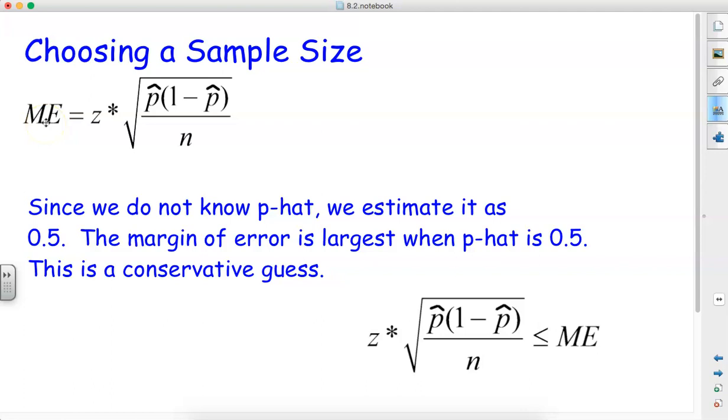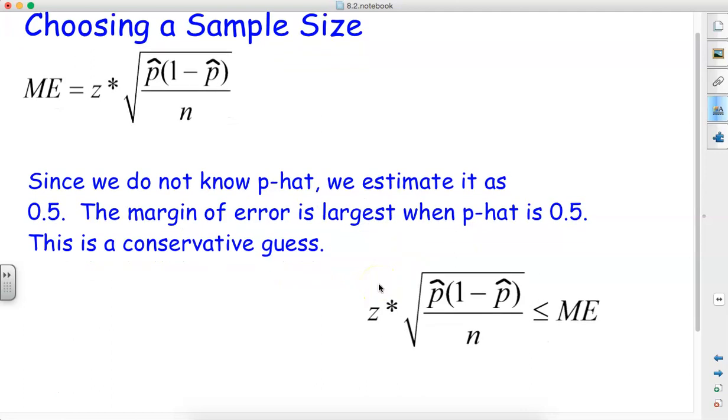To be safe, to make sure we're not saying we have a smaller margin of error than we do, we always make p-hat 0.5 whenever we're trying to determine what n should be. If we don't know p-hat, we make it 0.5 so that our margin of error is as big as possible.